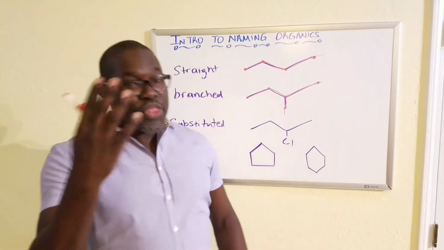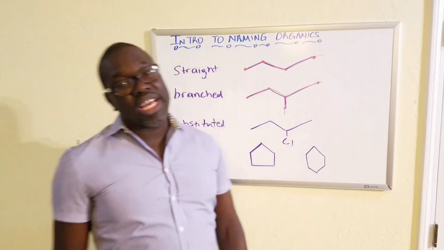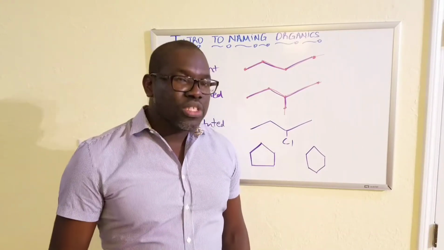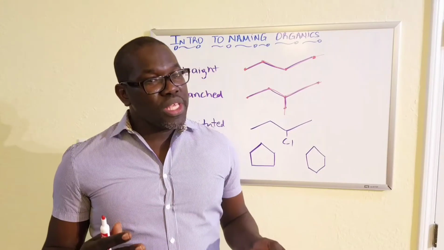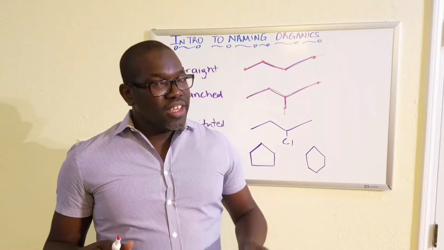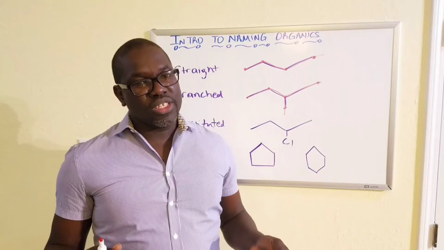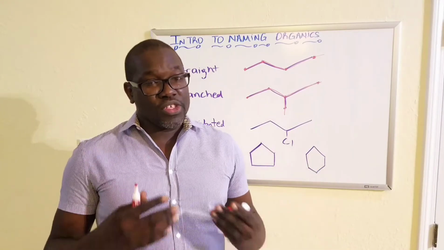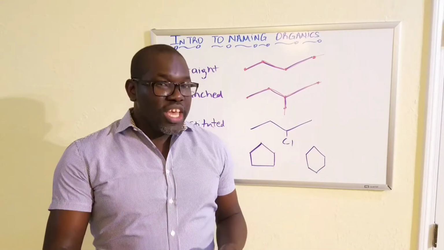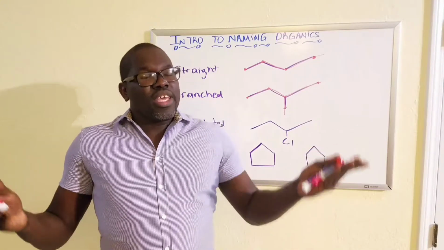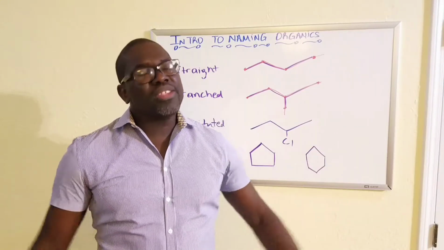Okay? So these are the different types of organic compounds that you're going to encounter. Now it's important that you know these things because when you're naming, these things become very important. You need to know if you have something straight, branched, cyclic, or substituted. Alright, so there you have that.